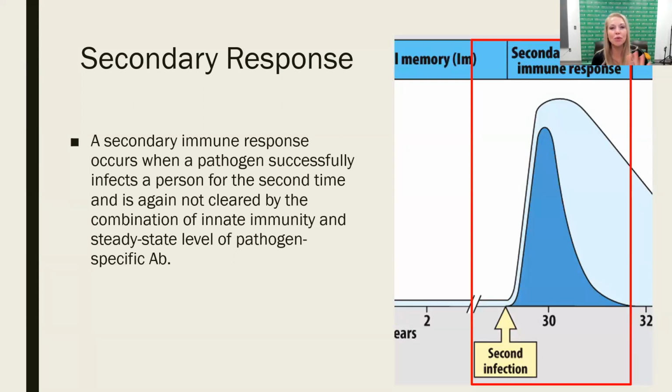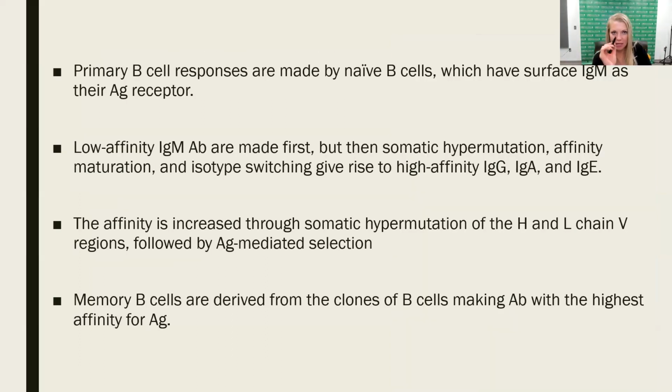But it's cleared so rapidly, so quickly, that the individual likely will not even know that they have been infected by that same pathogen again, because there is that rapid increase of antibody and effector T cells to wipe out that pathogen in the same manner that we saw in the primary immune response, but in such a fast fashion, and there's not the need for getting better, stronger antibody because it's already been switched. So let's take a peek at that quick.